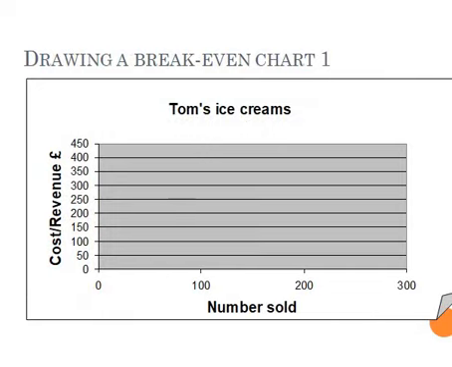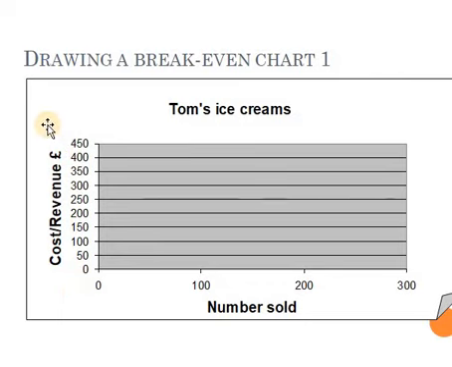Now, considering that Tom is renting this van for only one day, he thinks that the maximum number of ice creams that he can sell in that day is 300 units, and he's proposing that he's going to sell each ice cream for $1.5. So the maximum revenue he could get is $450.